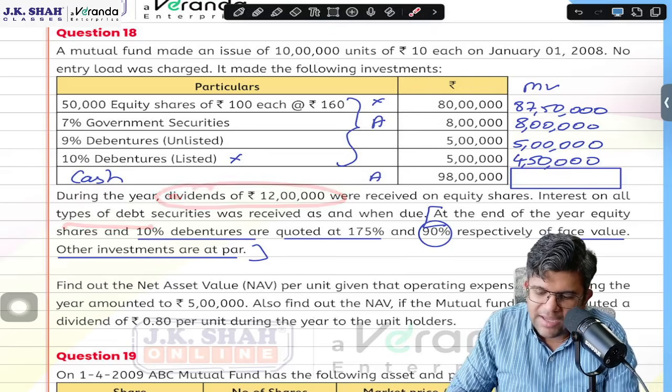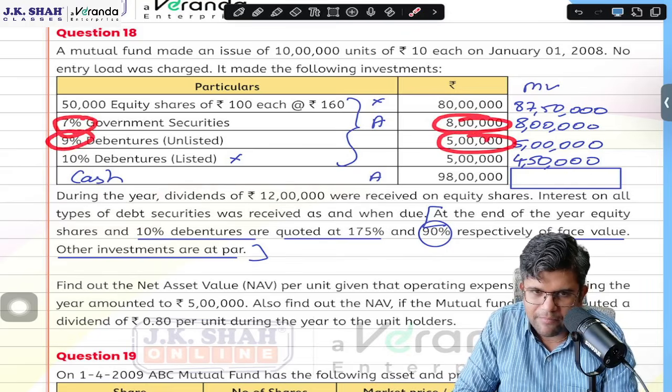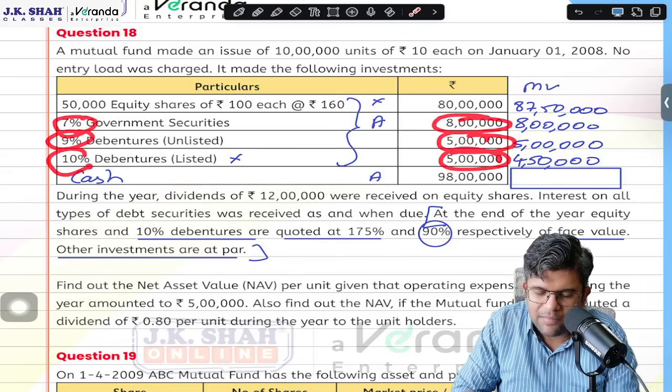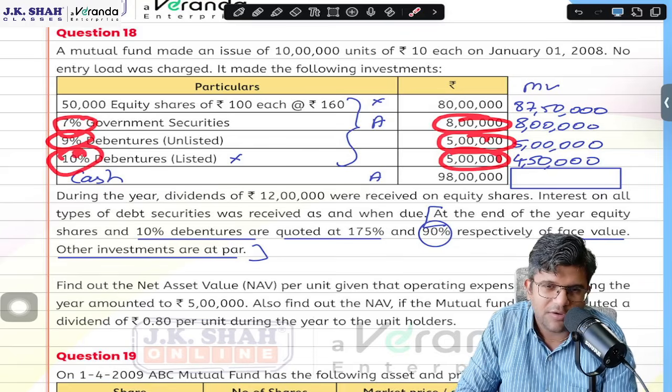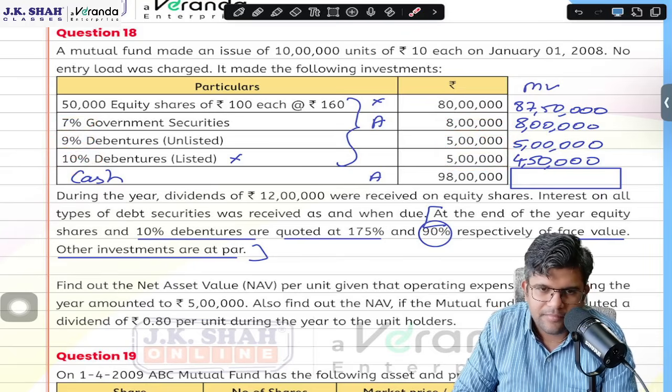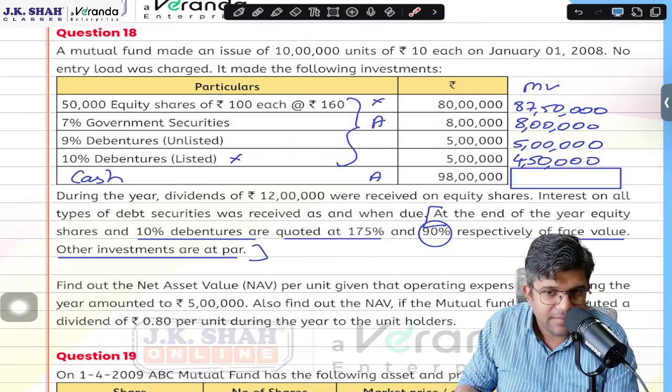So do this. 8 lakh into 7% M plus. 5 lakh into 9% M plus. 5 lakh into 10% M plus. Don't do MRC, huh? Just first of all get these 3 inside the bucket. Are we ready?